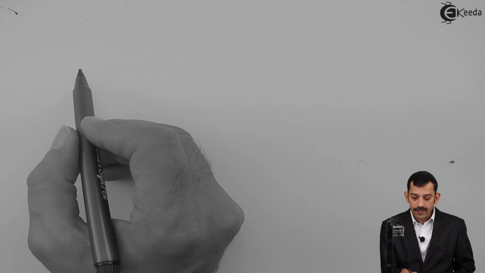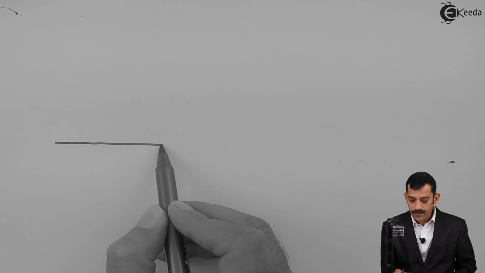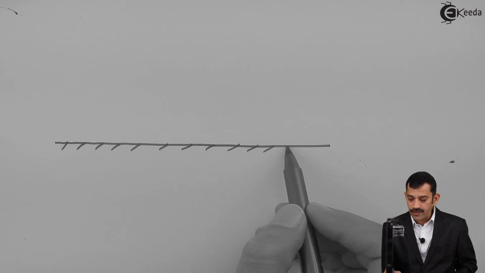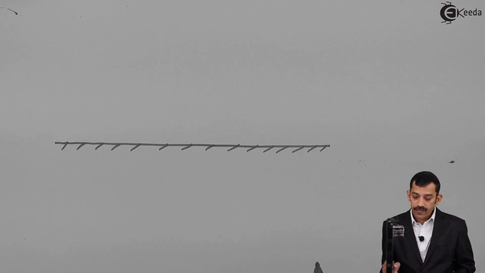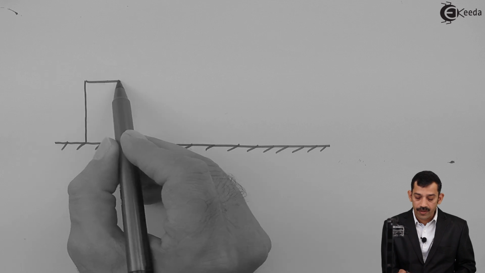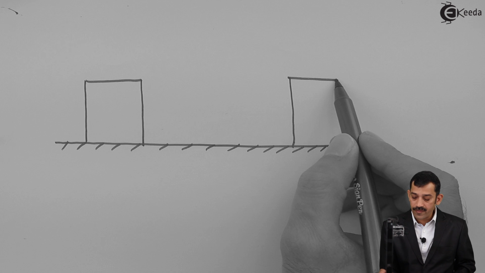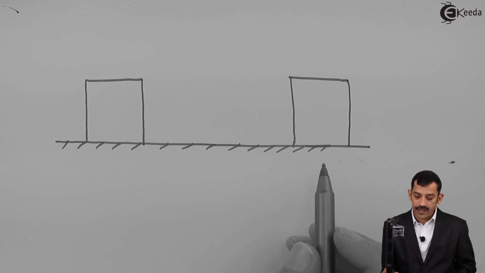Now here, say this one is a horizontal plane. Now I will represent here 2 different bodies which are connected by a cable or string. Say this one is block A, and this one is block B. Now these 2 bodies are connected. How are they connected?